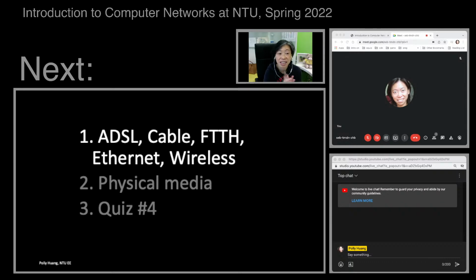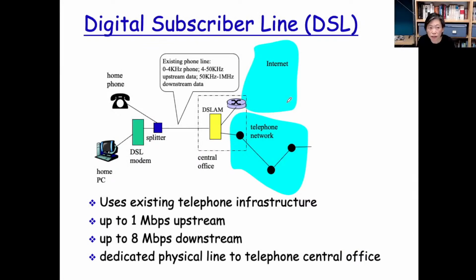Okay, so let's start from the first kind of access net tech called ADSL, originally just DSL, Digital Subscriber Line. This is pretty much a legacy technology, which is building on top of yet another almost legacy technology called the telephone network. Let me draw your attention to the example at the top.